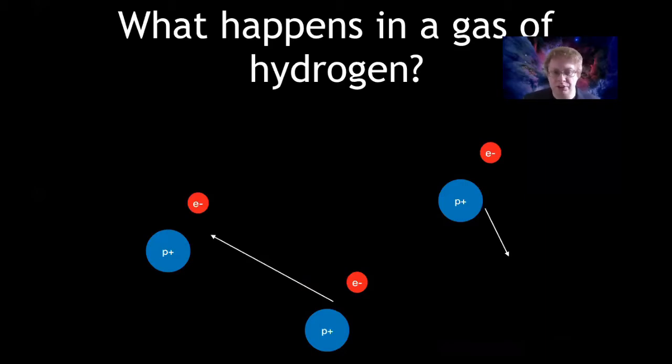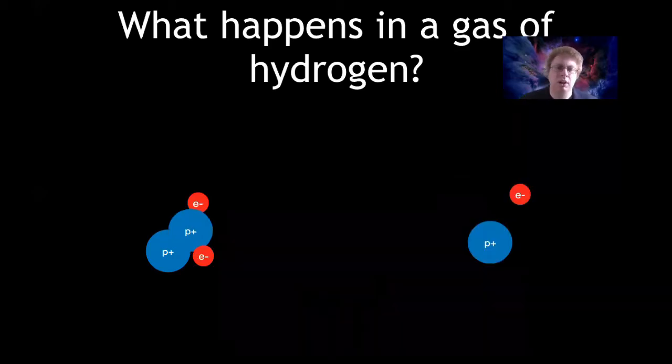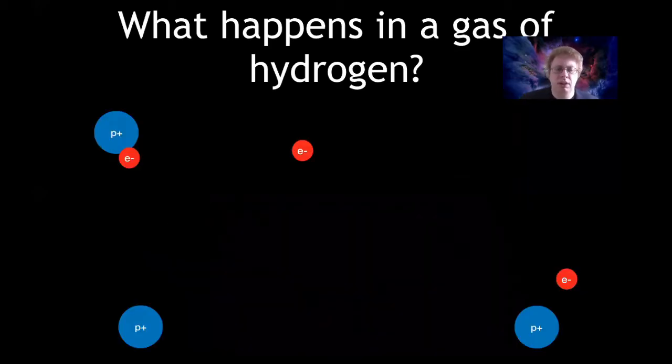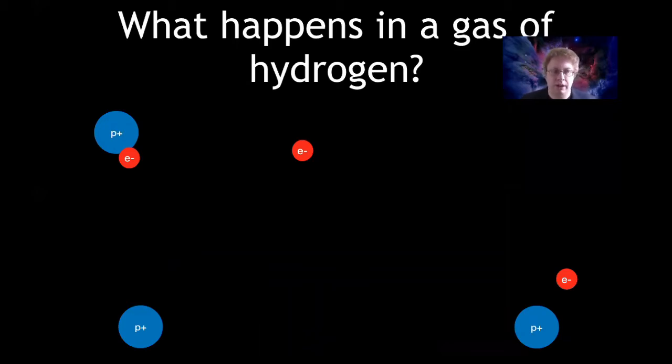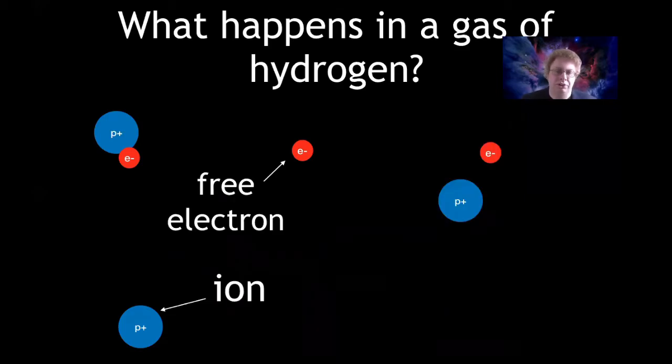And if that collision is violent enough, if it imparts enough energy onto the other atom, what that will result in is an atom being split, where you end up with a lone proton, a hydrogen nucleus, going off in one direction, and a free electron going off in the other direction. We call this process ionization.